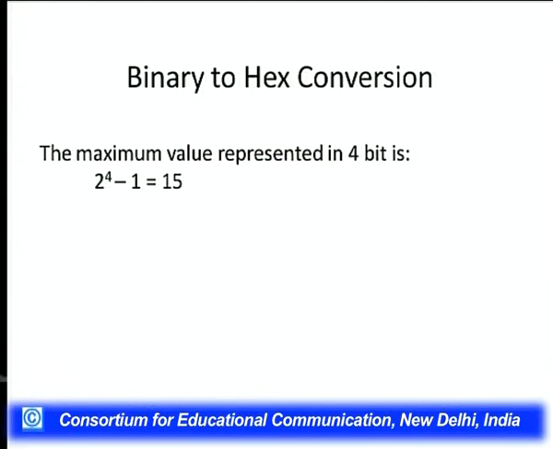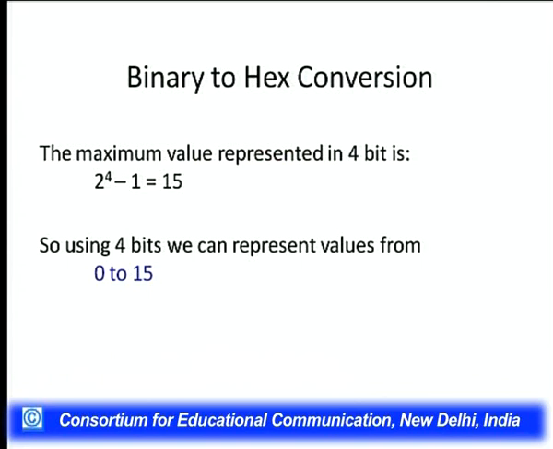So, when you want to convert a binary number to a hexadecimal number, the procedure is similar to what we have done in binary to octal conversion, but the important thing to note here is that now you will need 4 bits, because 2 to the power 4 is 16, and minus 1, so you have 15. So, a total of 15 symbols can be shown other than 0. You can see here that the maximum value represented in 4 bits is 15.